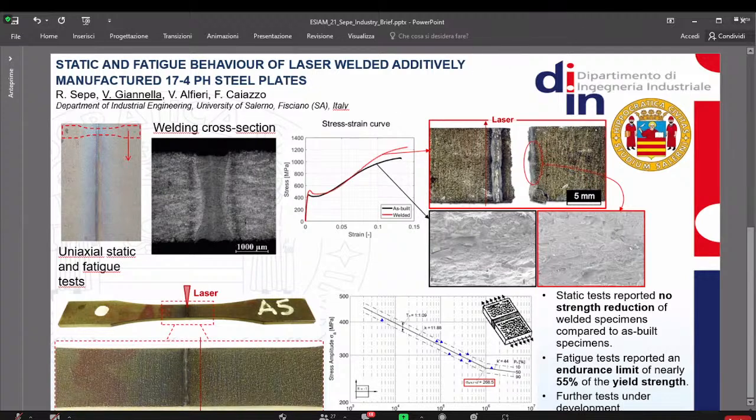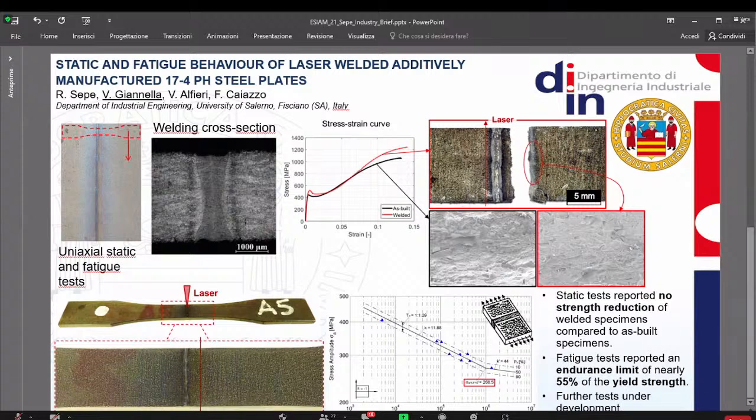At the top right corner of this slide, we can see the results in terms of quasi-static stress-strain curves, where we compare the results of these welded specimens with those of the as-built specimens, without any weldment.